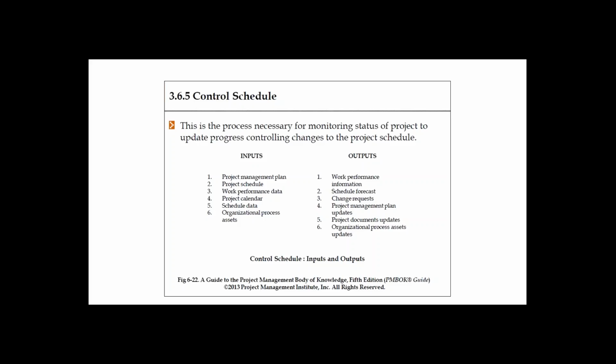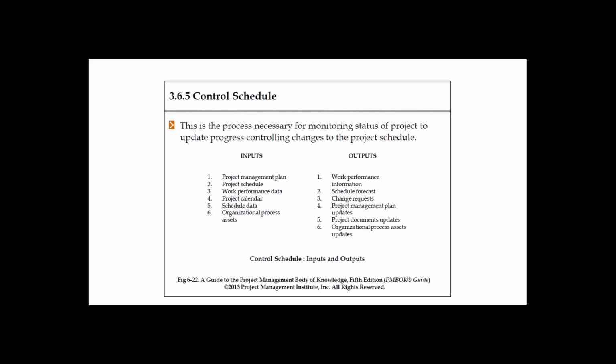Obviously, when you are controlling the schedule and monitoring it and taking some steps, there will be change requests, and there will be some corrective and preventive actions which may turn out to be change requests. When you have a change request, you have changes to all the documents, the project management plan and project documents, and if there are changes to your work authorization system or your other tools, you have to make changes.